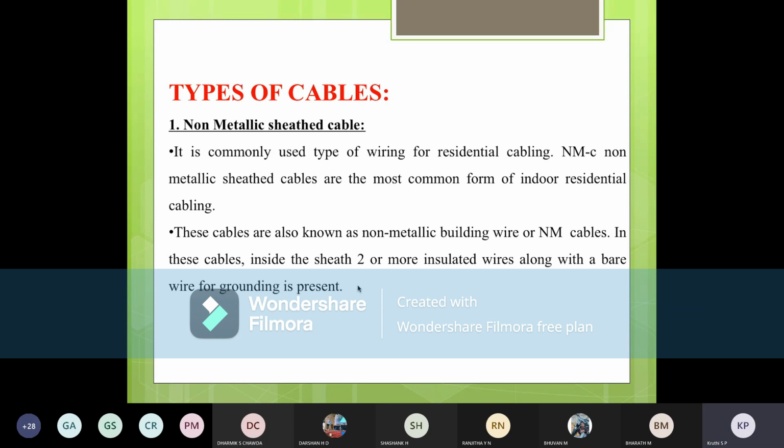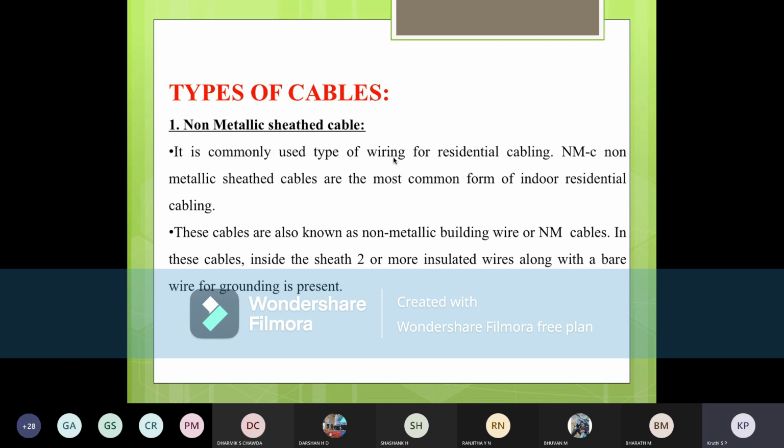Now let us read first about the non-metallic sheeted cable. This is a kind of cable used for residential cabling. In your homes, we generally use this non-metallic sheeted cable. These cables are also known as non-metallic building wire or NM cables.